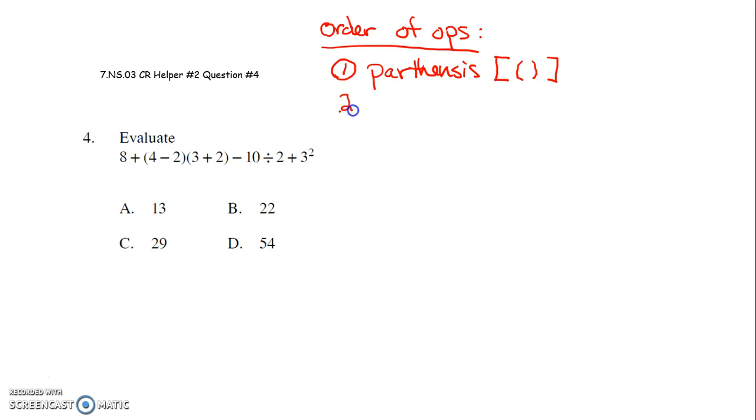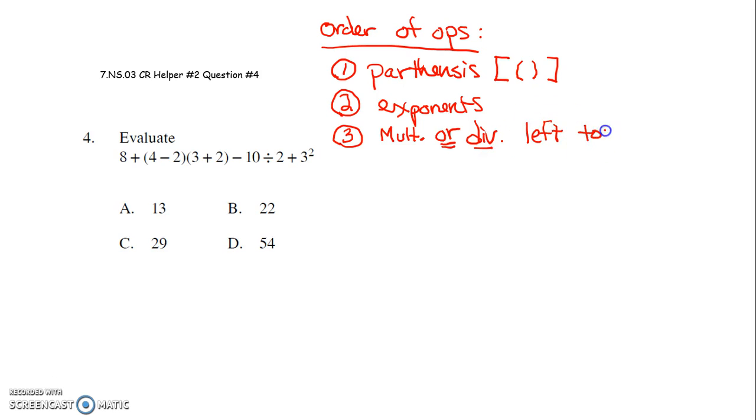After you take care of all parentheses or grouping symbols, your next step is to take care of any exponents. If there's any exponents, you need to go ahead and handle that. Third step, and this is where sometimes students struggle a little bit, is to multiply or divide, whichever you hit first, moving left to right.